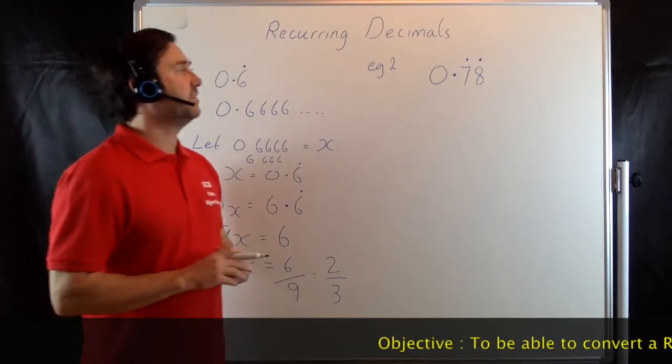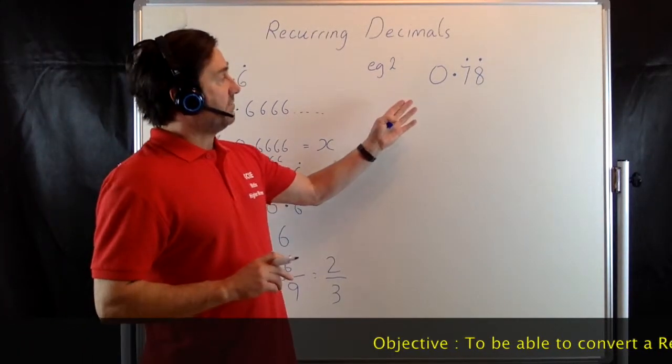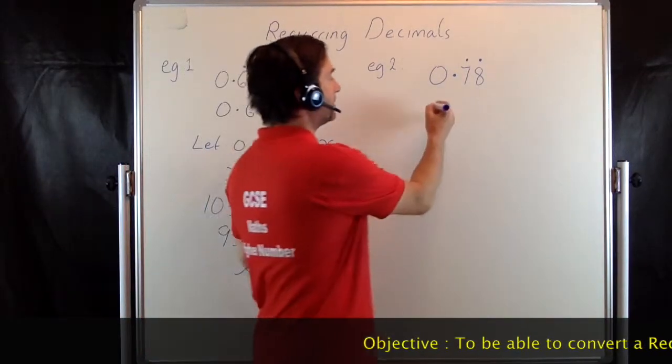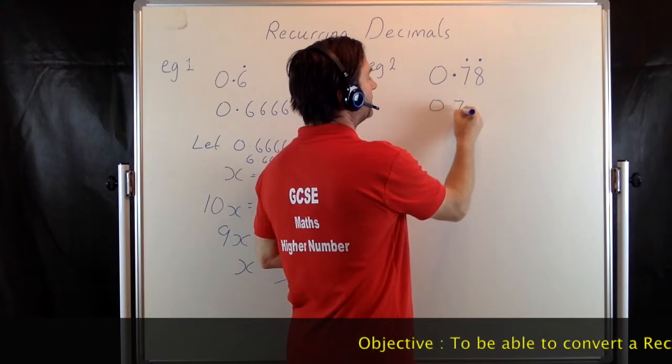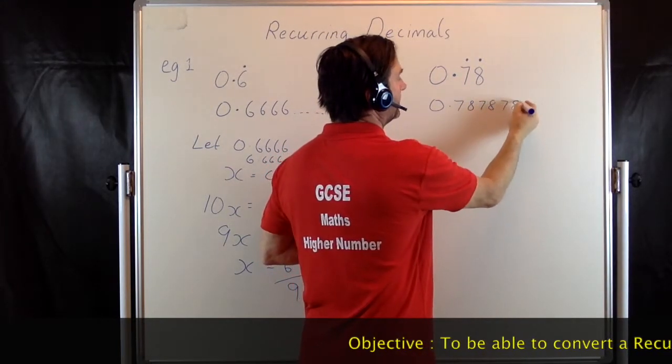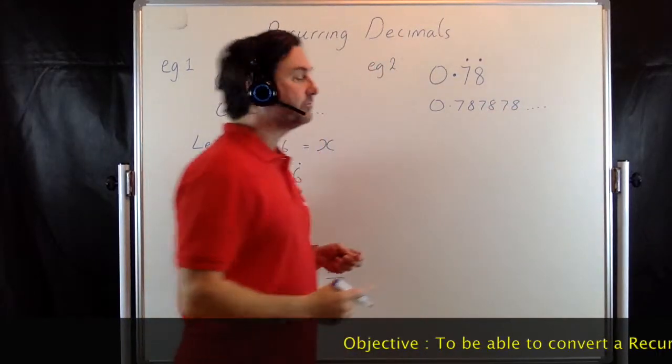Let's have a look at the second example then. Now this time we've got 0.78 recurring, which is the same as 0.787878 continuing.